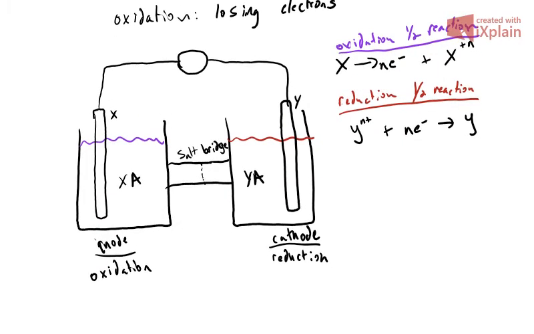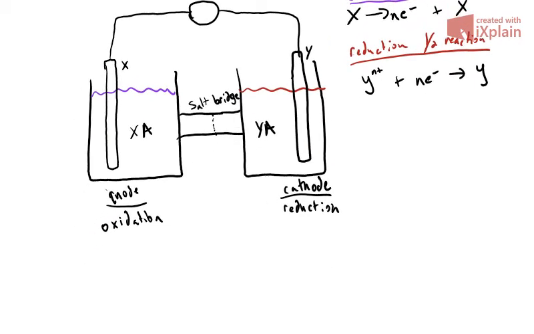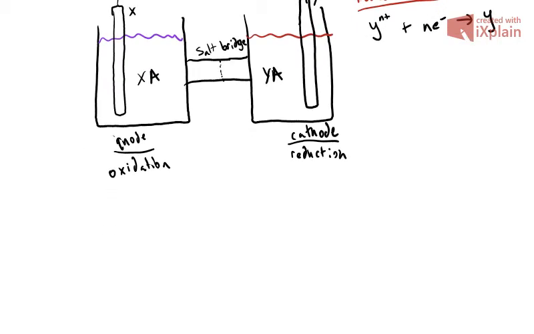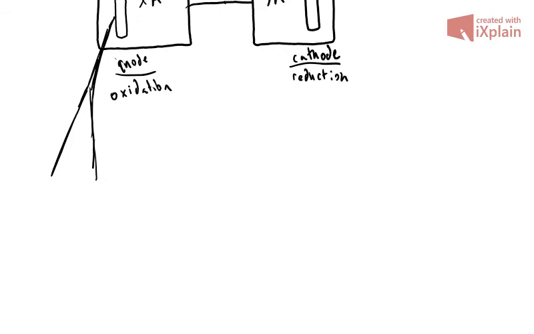So let's look at these half reactions real quickly. The half reaction for the anode. Let's do a little zoom in to the half reaction. Happening at the anode, this is oxidation, and so it's going to start out fine as a full piece of metal.